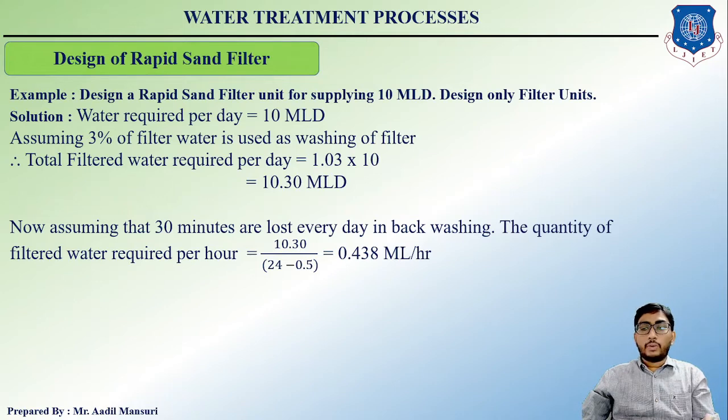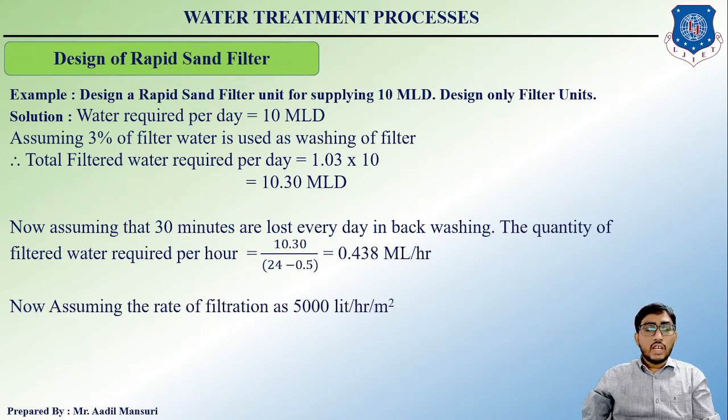Only 23.5 hours, right? So the quantity of filtered water required per hour will be 10.30 MLD divided by 24 minus 0.5, that is 23.5 hours. Okay, so that comes out to be 0.438 million liters per hour.